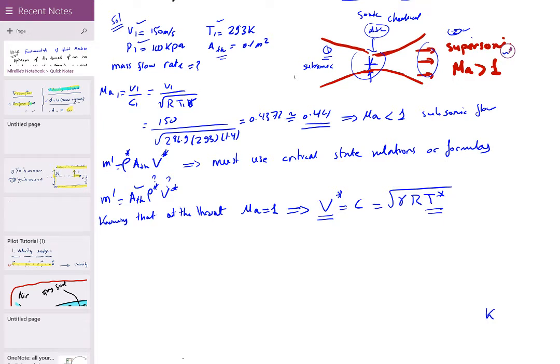I am given T1 and I must find T critical. I have no direct relation with the formulas I'm given to move from T1 to T critical, but I am given these two relations in the formula sheet. One is relating the stagnation temperature with T critical.